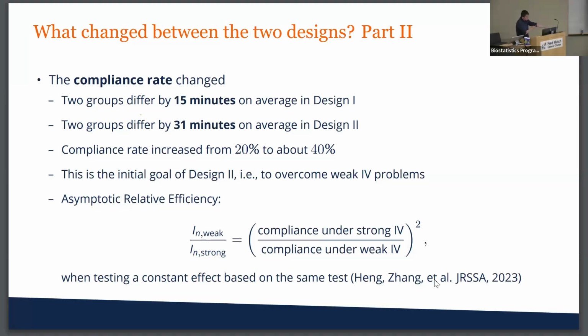There are some analytical results I used to derive. Essentially, if you look at the matched pair design and pick the same test statistic, let's say the treatment effect can be considered a constant treatment effect, the asymptotic relative efficiency comparing a weak IV versus a strong IV, actually the sample size, equals essentially the ratio of the compliance rate squared. So if you double the compliance rate, you're almost creating 4 times more sample size.